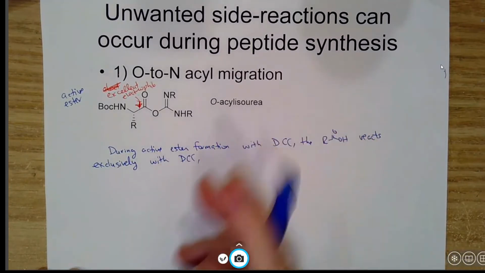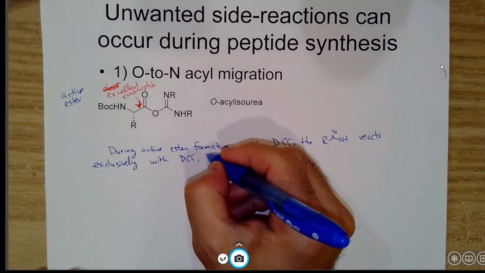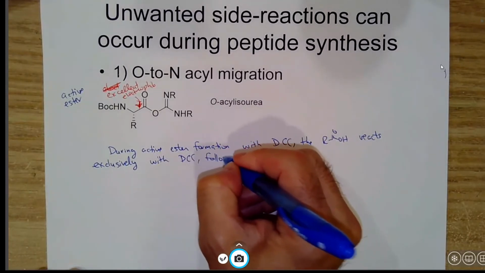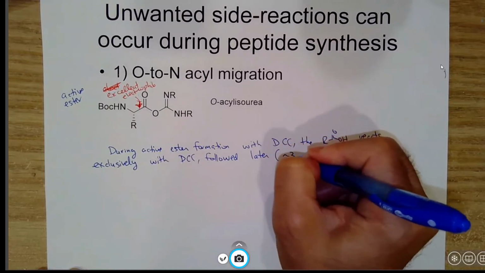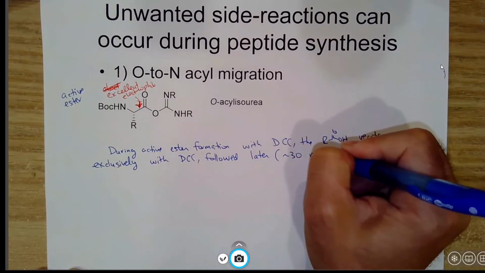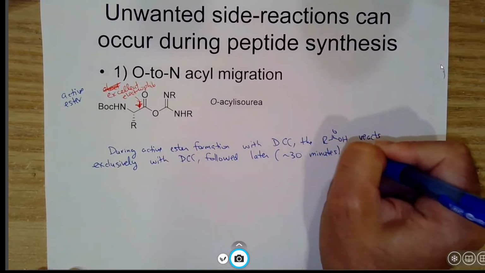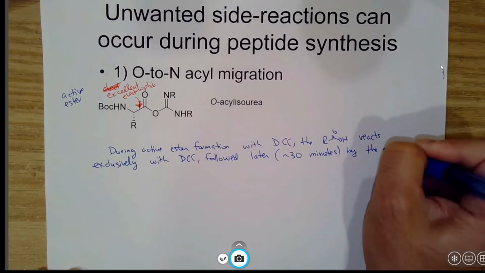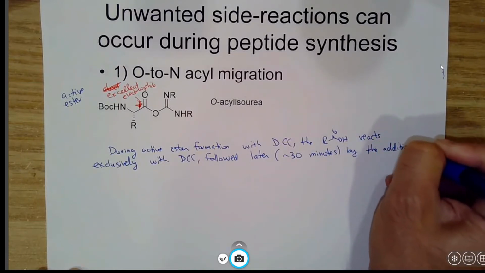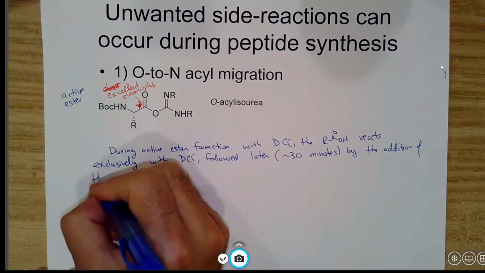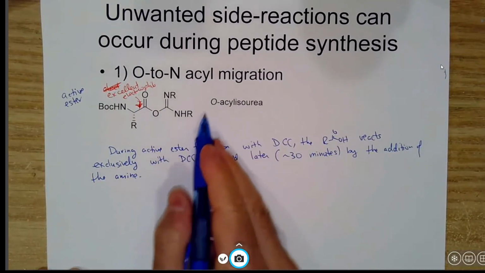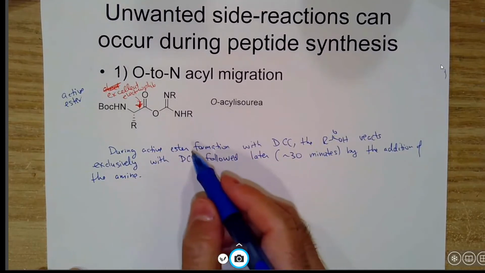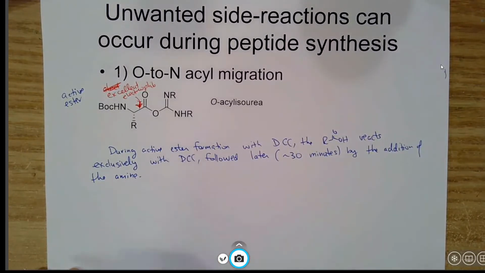Okay, it's important that you just react these two together, followed later, around 30 minutes, by the addition of the amine. Okay, so once this O-acylisourea is made, it's important that you add the amine almost immediately.